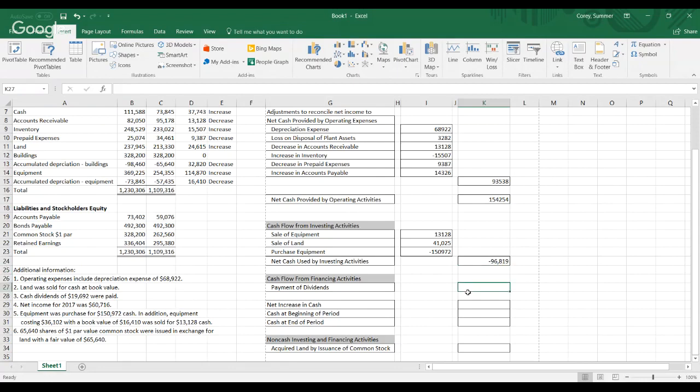Now we have our payment of dividends. If we look at our additional information, it tells us that cash dividends of $19,692 were paid. So we'll put 19,692. Once again, and this is very important, I forgot to do the negative because we're paying it out.